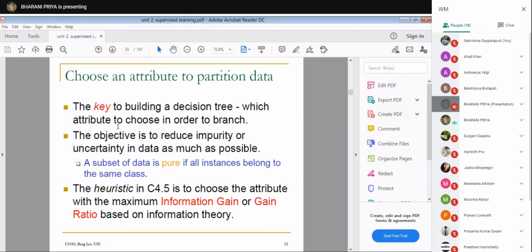When constructing decision trees, you need to decide which attribute has to be chosen for branching, and our main objective is to reduce the impurity.